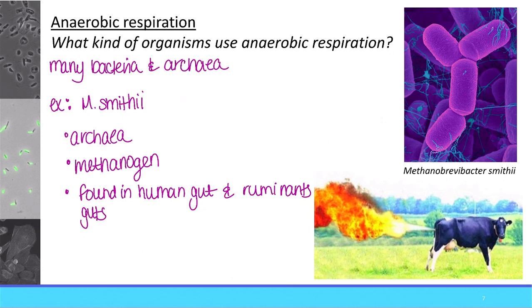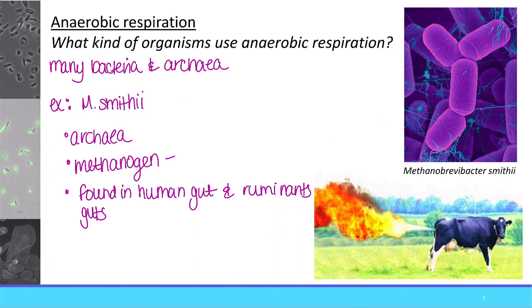A ruminant is any sort of mammal that gets nutrients from plant-based foods, so think cattle, sheep, deer, giraffes. This methanogen is found in our guts and in their guts, and what it does is help break food down. You might be wondering, why is it called a methanogen?